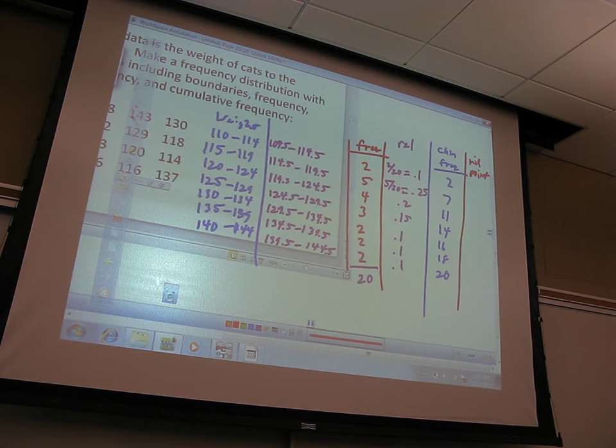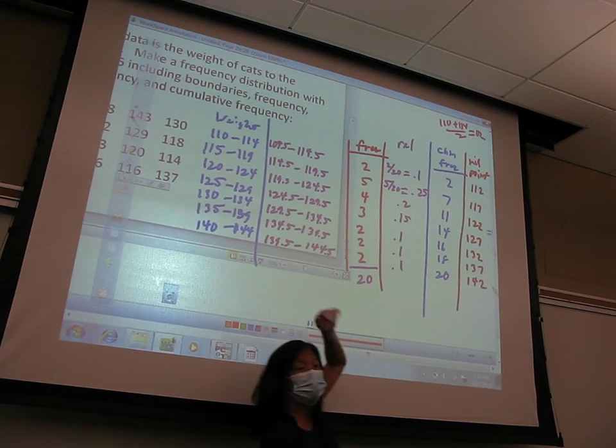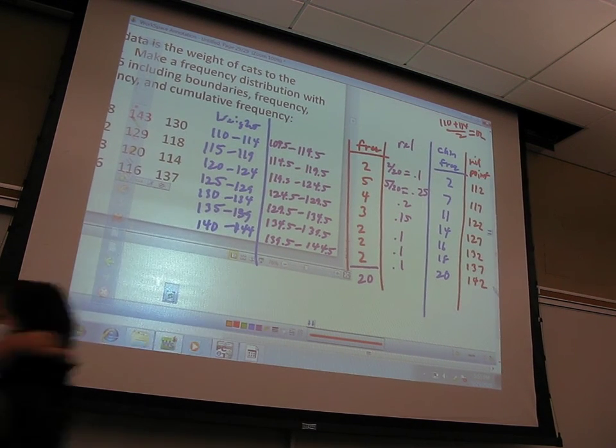So you're going to take 110 and 114 divided by 2, and you should get 112. And for the next one, I'm just going to add a class width. 117, 122, 127, 132, 137, 142. Good? You can either average these two numbers or these two numbers. Either one, you get the same thing. Cool. All right. Good.